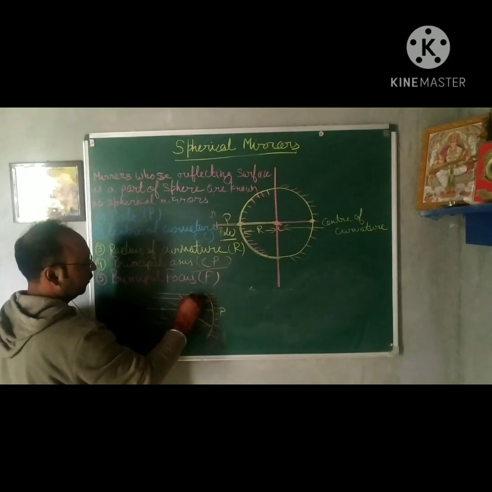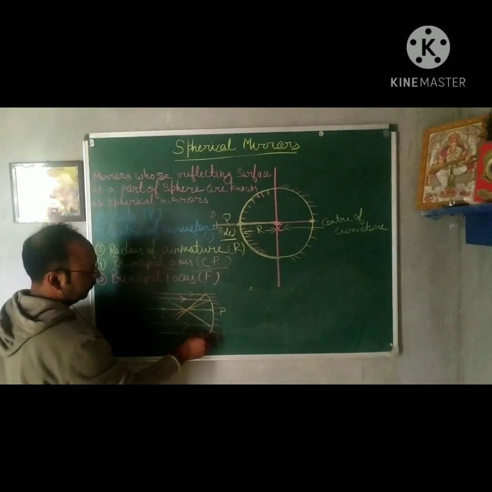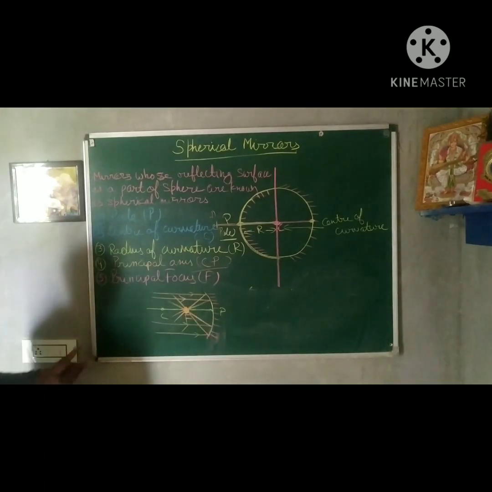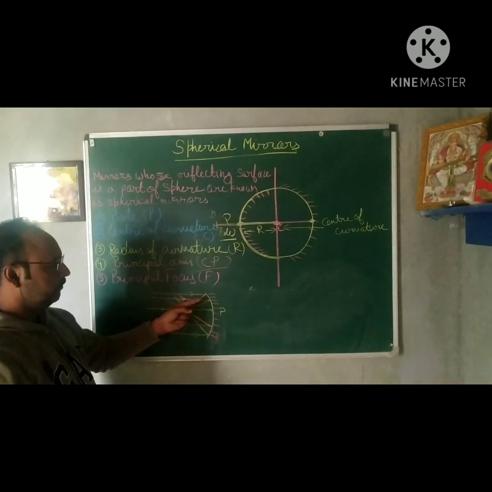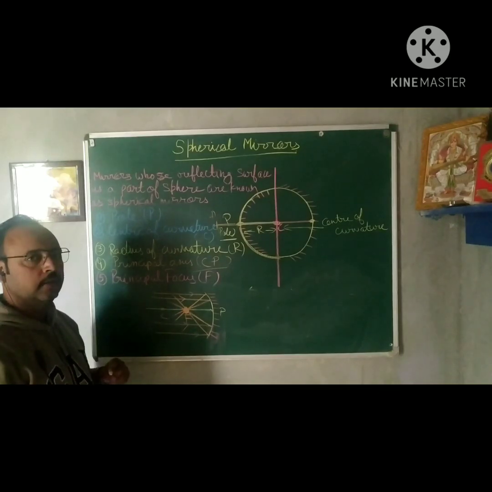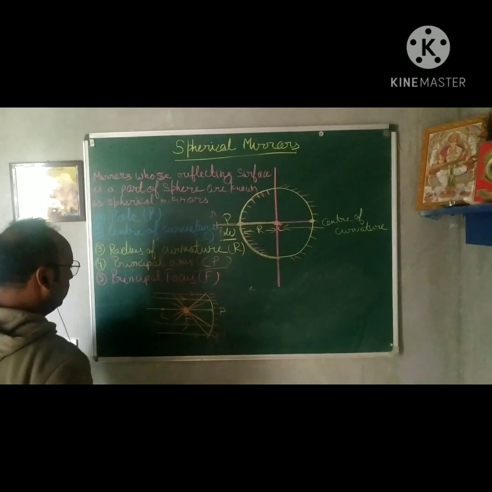If one more ray I show, it will also go from there. If one more ray, it will go from there. So this is the common point, that is F. So the number of rays moving parallel to the principal axis, after striking the mirror, will meet at one common point, that is principal focus, that is F, right?